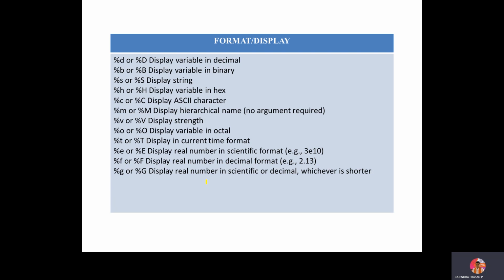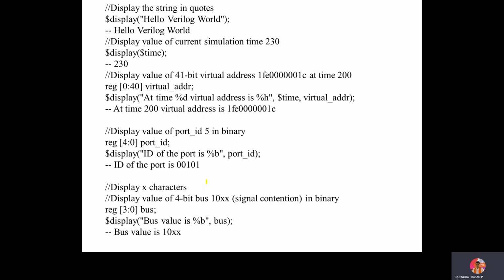These are the different values which you can observe using the system task in our main program. Here you can observe dollar time. This is one program where they have written dollar display with time, so whatever time it is executing at, that time will be displayed. Here percent B means the values will be displayed in binary format.